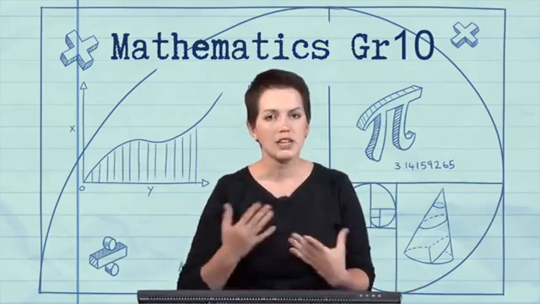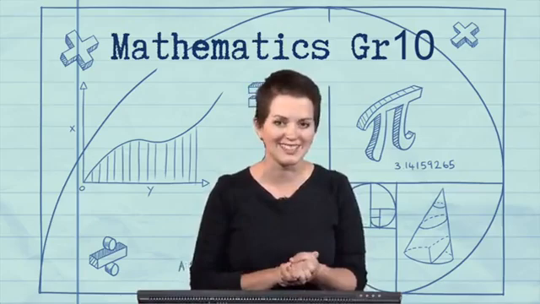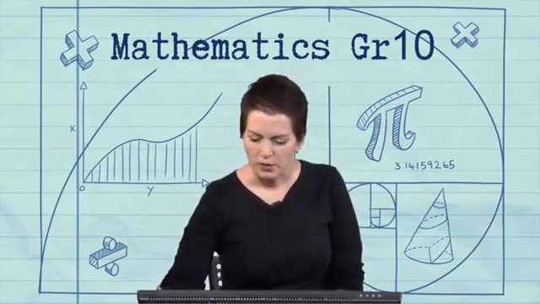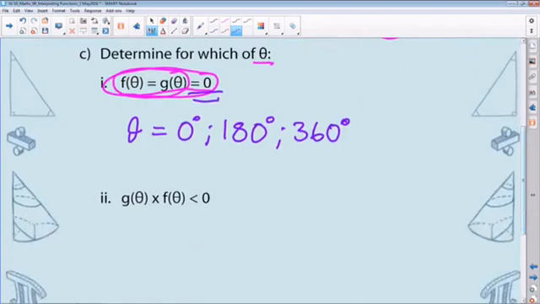Okay, so the next question we're going to look at, and then we're going to translate it into English again. The next question says, where is g of x times f of x less than 0? Let's start by looking at what it means to be less than 0. What kind of numbers are less than 0?